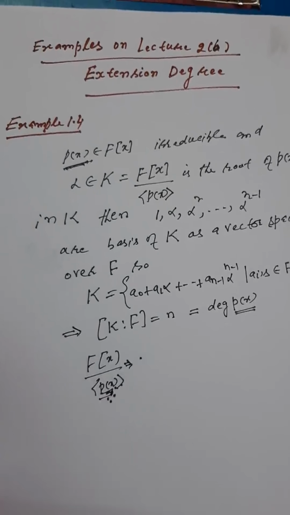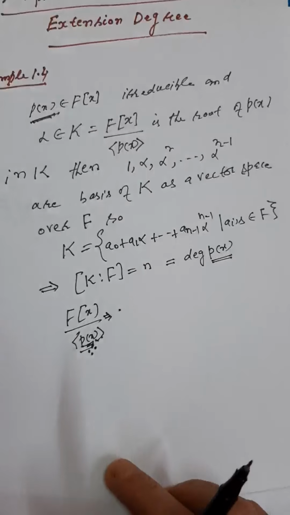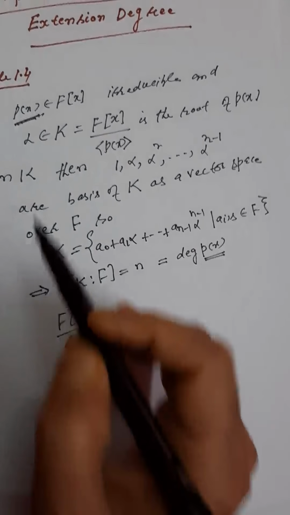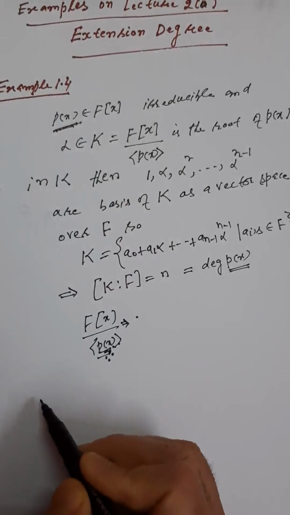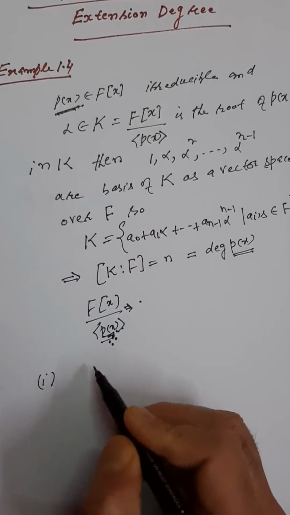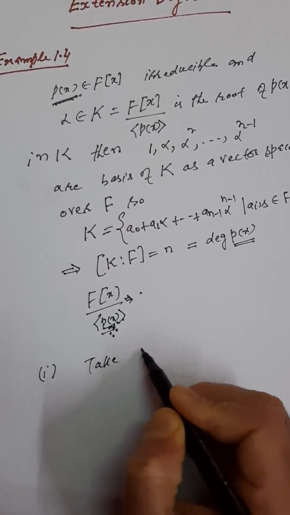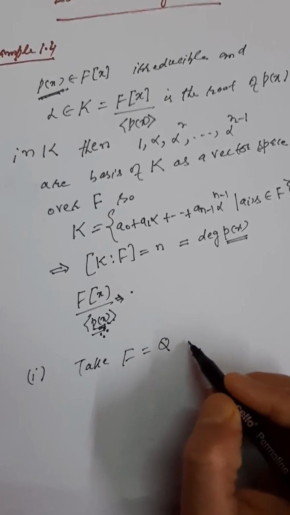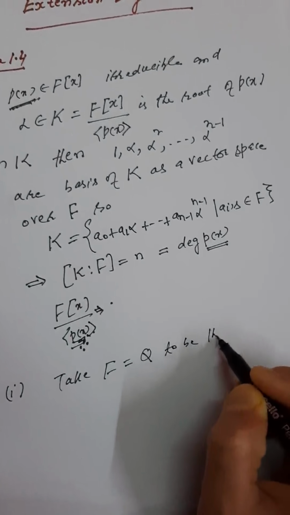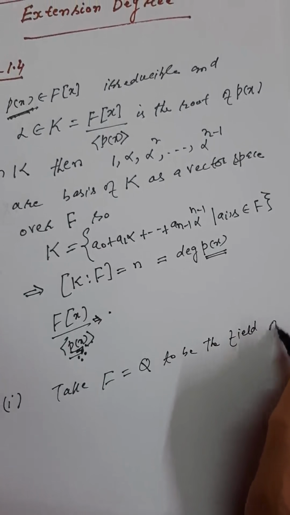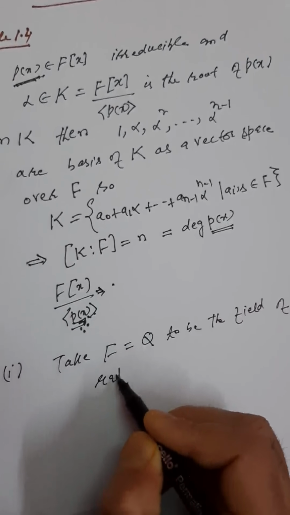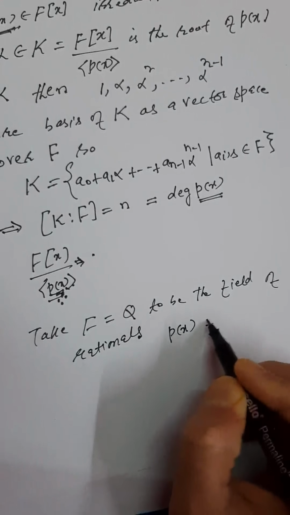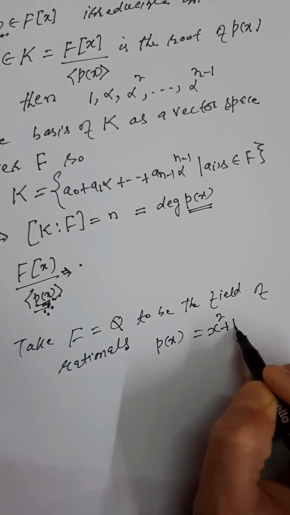Now let us discuss the examples on this lecture based on the previous lecture. So example 1.4. The first part of this example: you take F equals Q, the field of rationals, and you take this polynomial p(x) which is x square plus 1.